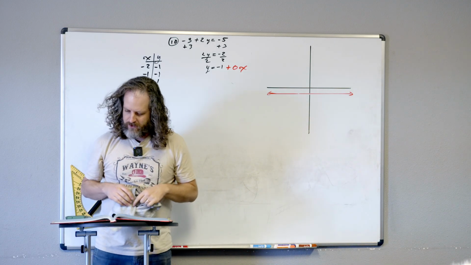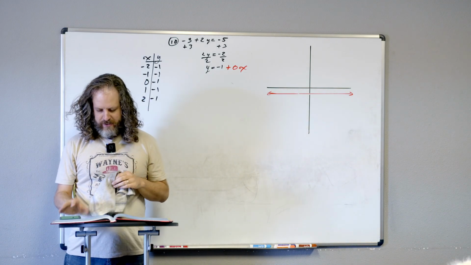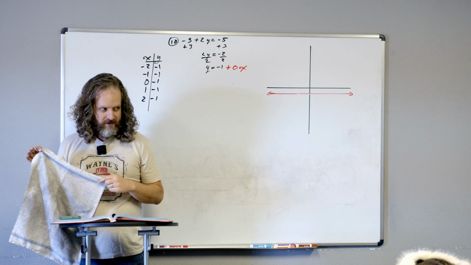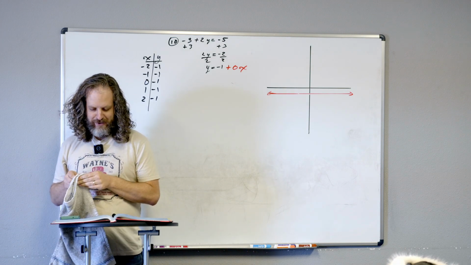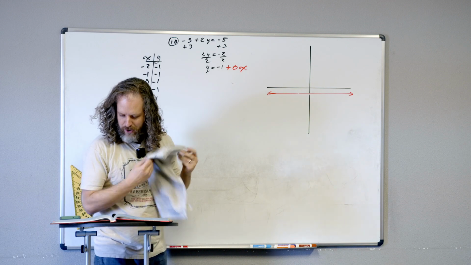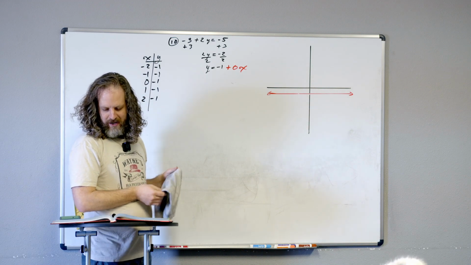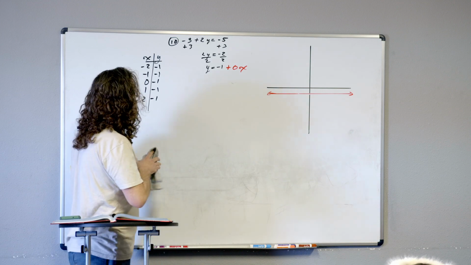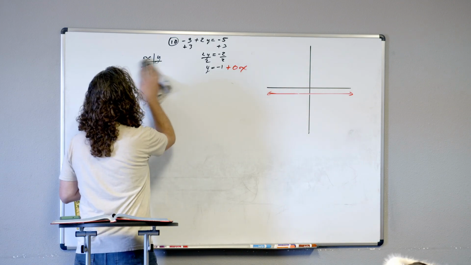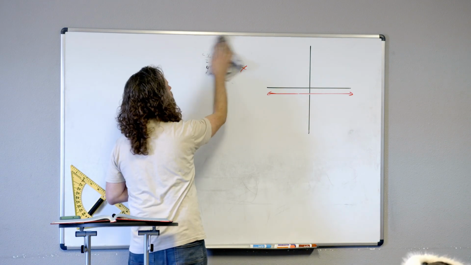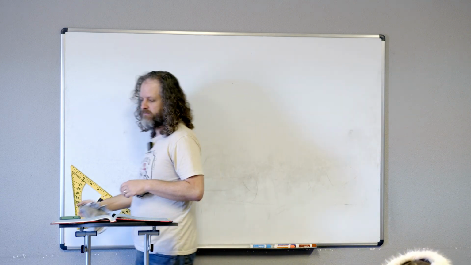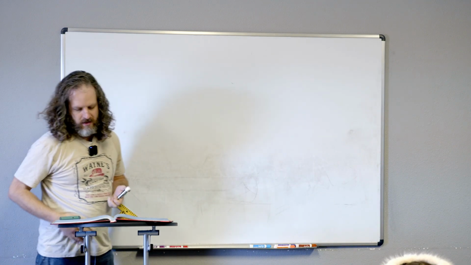Number 12, the equation 5x plus 30y equals 180 represents the number of children, x, and adults, y, who can attend the rodeo for $180. Use the x and y intercepts to graph the equation. So let's start there. Okay.